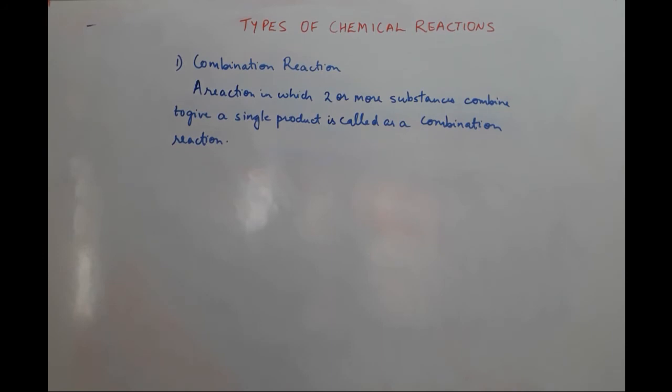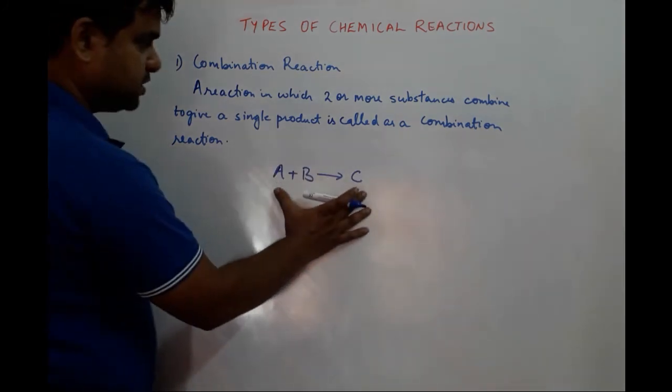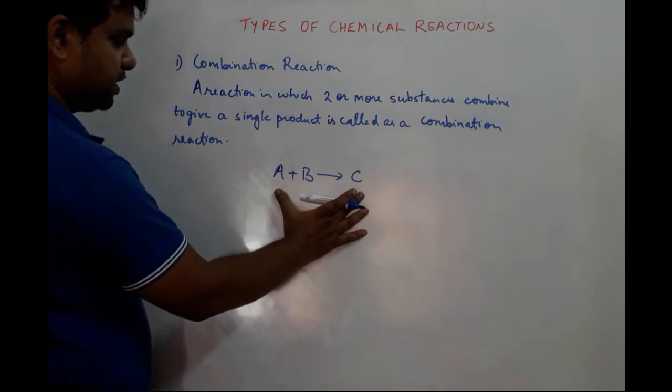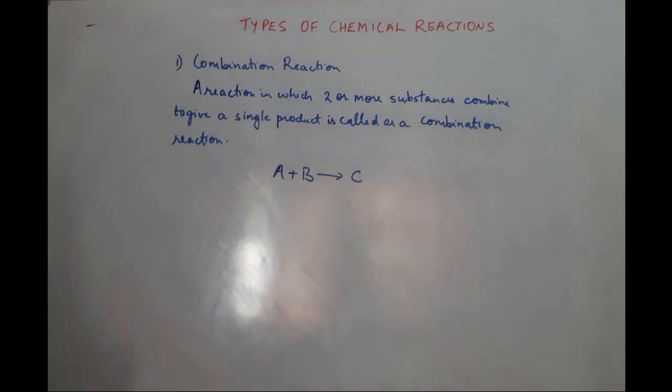That means 2 substances come together to give us a single product. It can be between two elements, or between an element and a compound, or between two compounds. Remember, this is the combination reaction. Let us see an example of a combination reaction and how it looks.